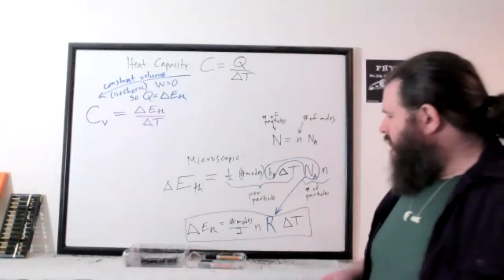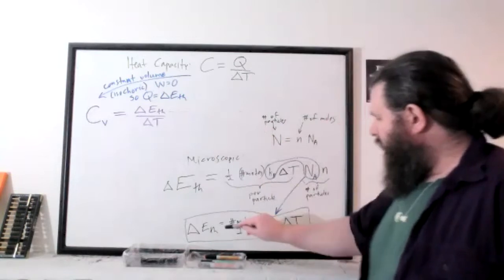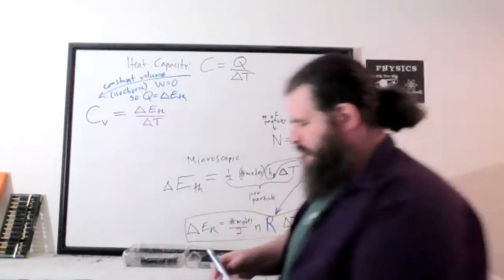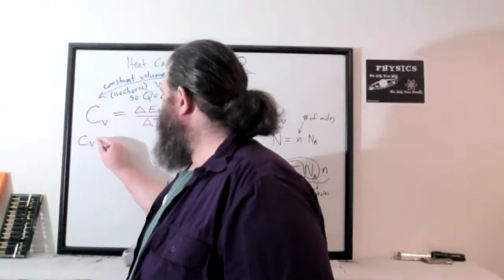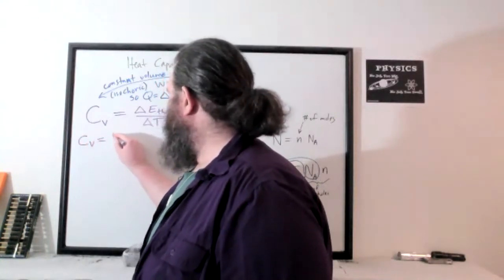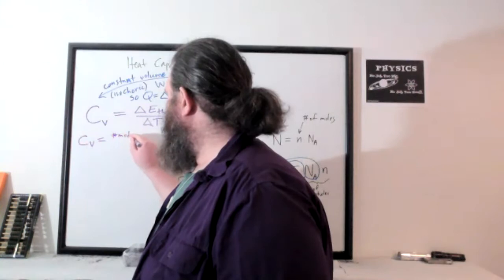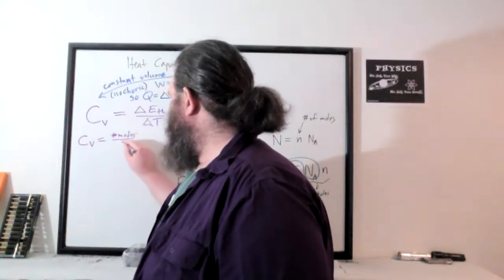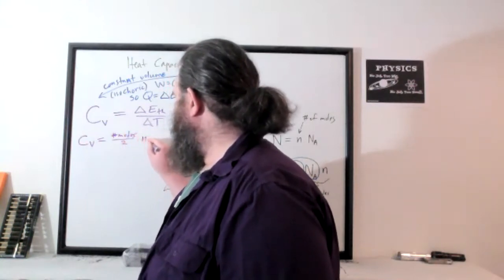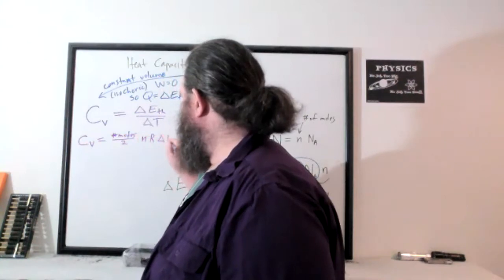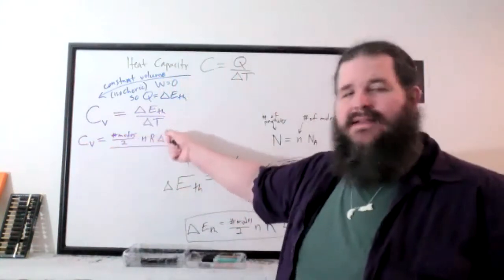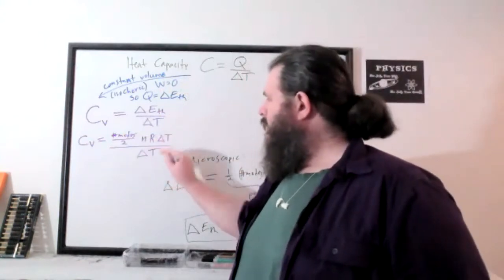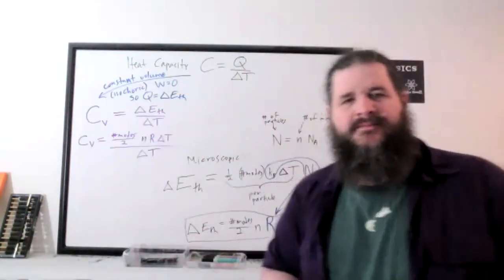So let's try that. If we just replace delta E thermal with this formula, let's see what we get. So that's delta E thermal, then we have to divide that by delta T. And then what happens when we divide?